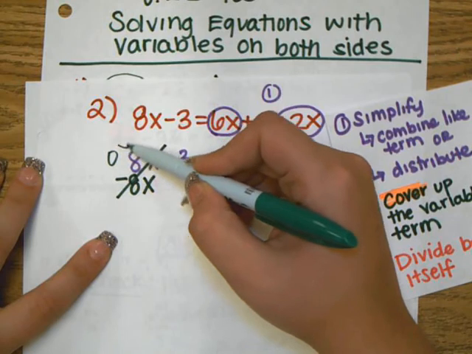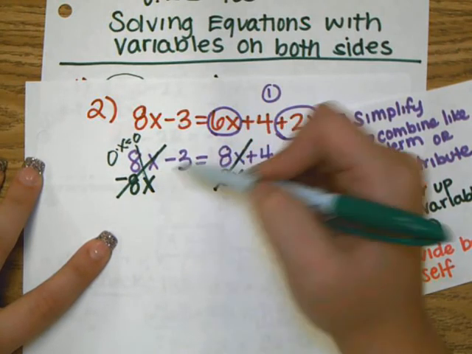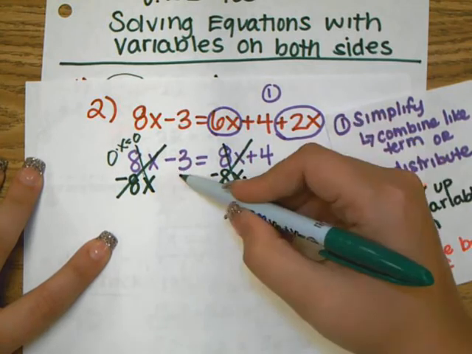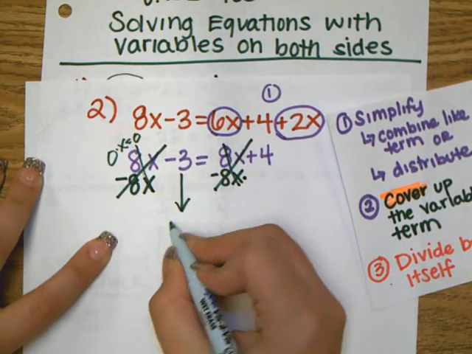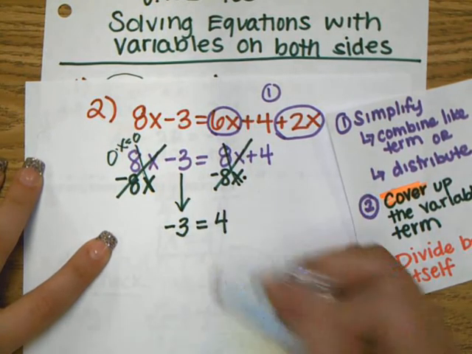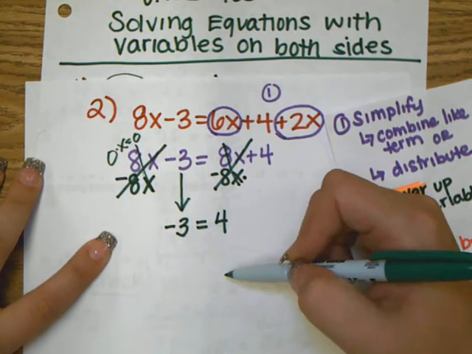This was 0x. This is 0x. 0x is 0. This is gone. There's nothing here and there's nothing here. So I'm going to bring down what's left. I have negative 3 equals 4.